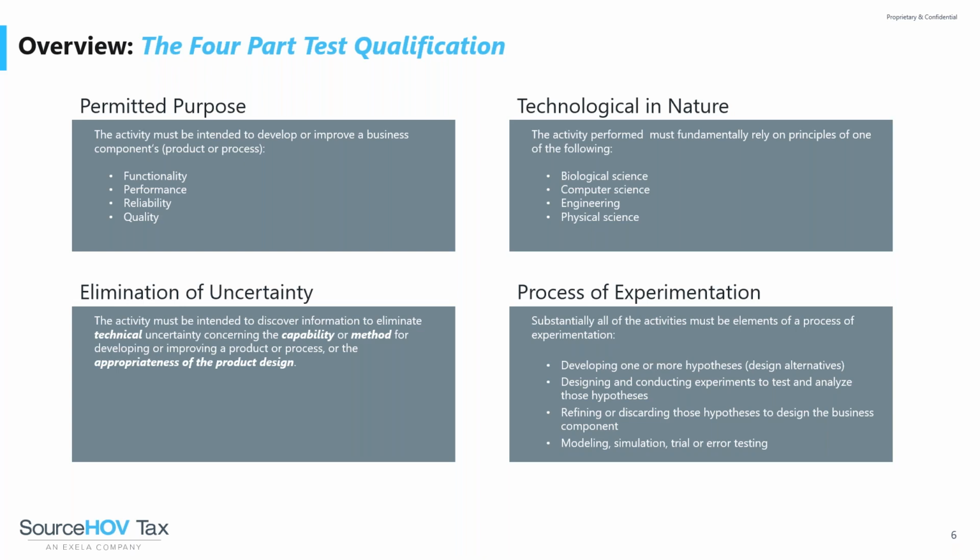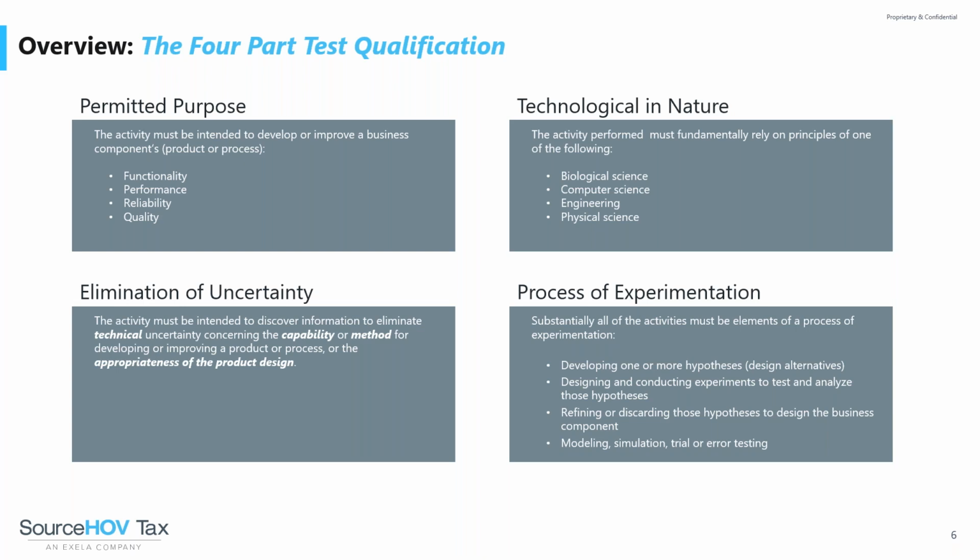The bottom two quadrants, the first being elimination of uncertainty, and then the second being process of experimentation, go hand in hand. The elimination of uncertainty speaks to a technical uncertainty that exists at the beginning of a project. So that is not a business concern, but a technical concern that requires some sort of process to come up with alternative solutions or a solution to that problem.